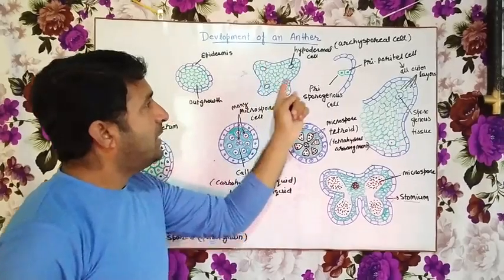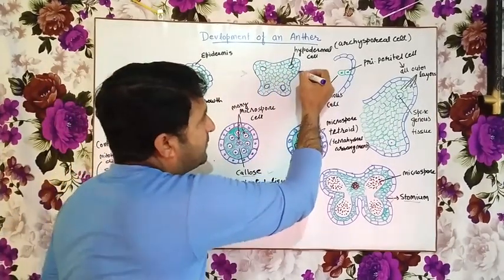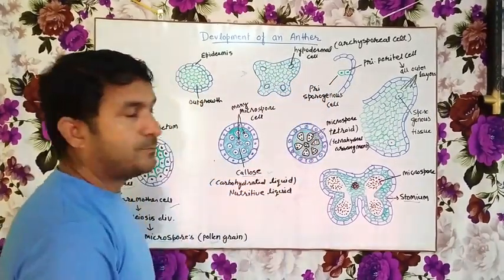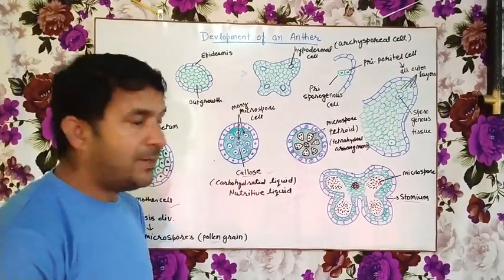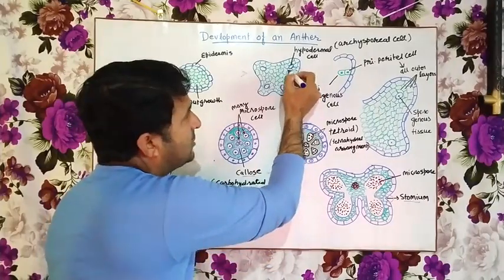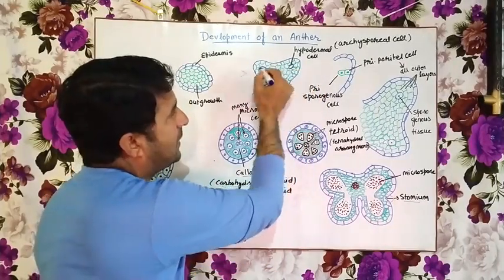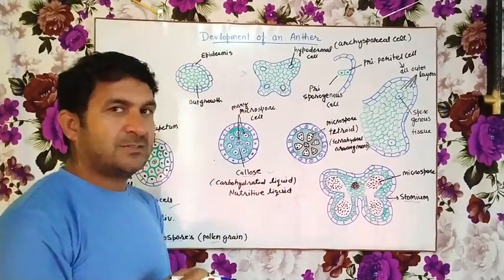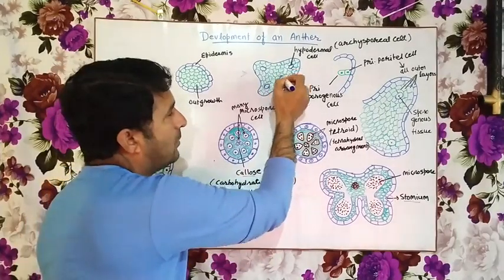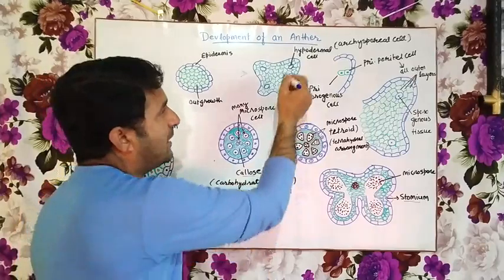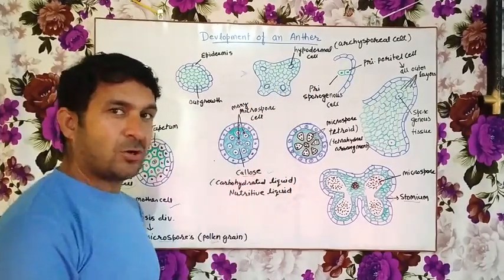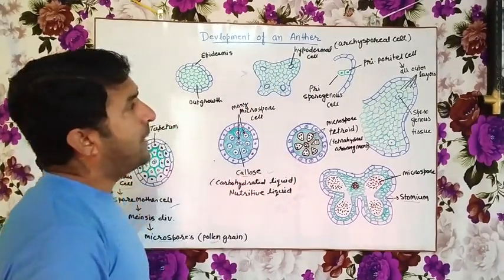Here you can see the blue line which is present outside, which is actually the epidermis, which you can see here also, right? And in each corner of the diagram you can see four different cells which do not look like this green color. These are the different cells found in each corner of the anther.